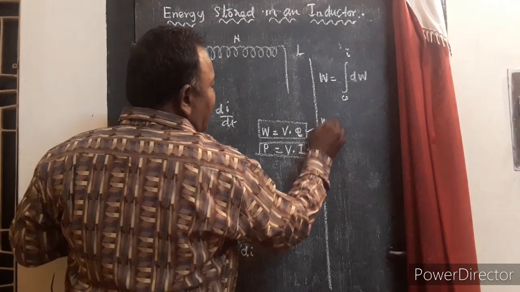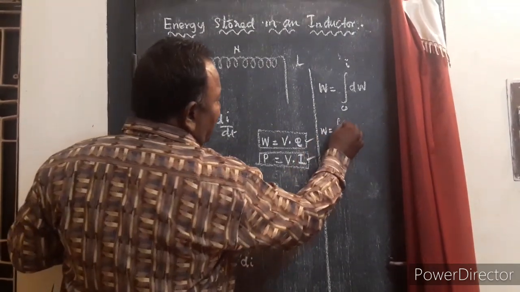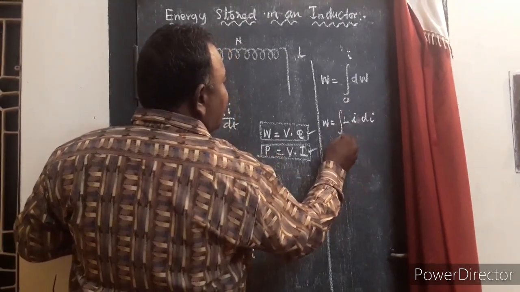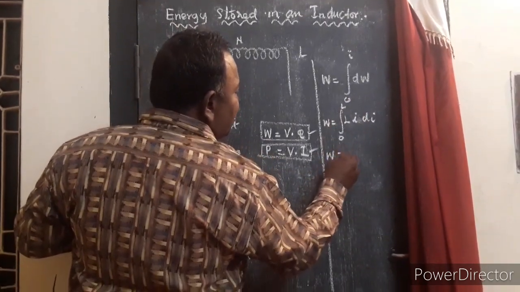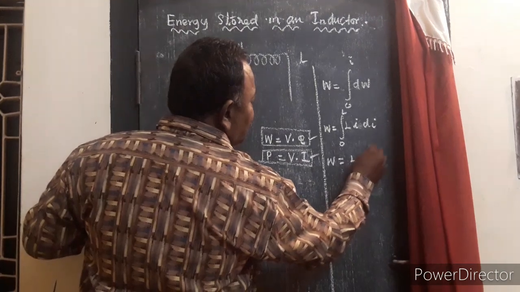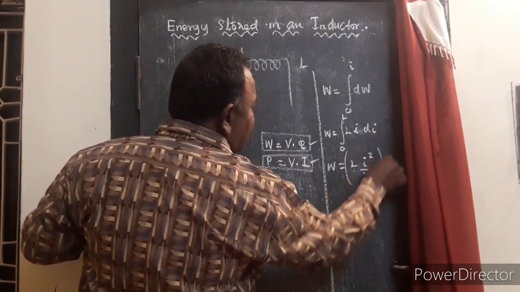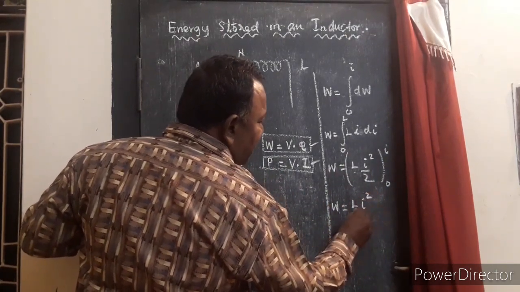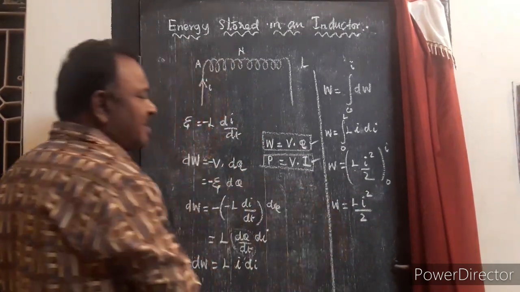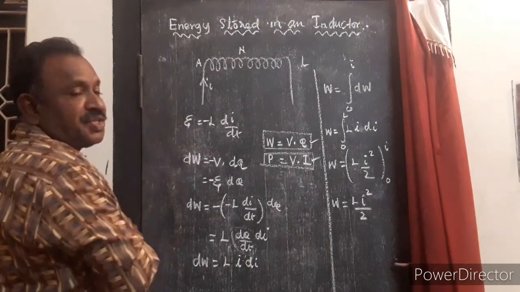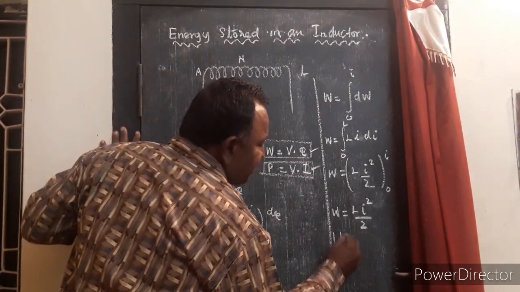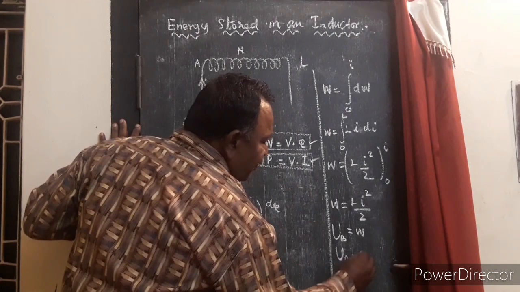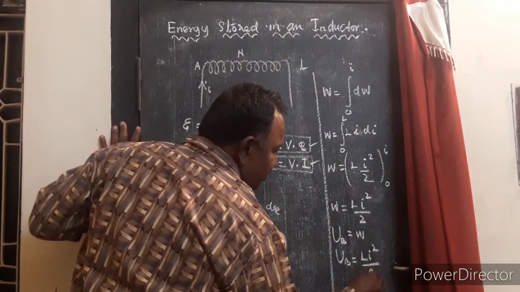So W is equal to the integral of L I di. Integrating, W is equal to L I square by 2 between the limits 0 to I. This work done is stored as magnetic potential energy, so U B is equal to W, that is U B is equal to L I square by 2.